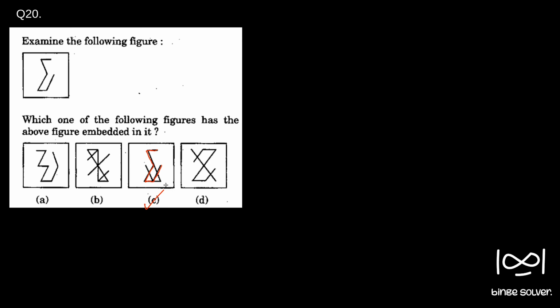Question 21. Consider the following matrix. Which one of the following figures fits into the blank part of the above matrix? If you observe, find a relation in a row. If you compare the first arrow, it is up, up, and down.